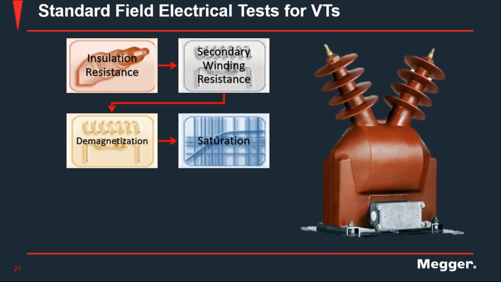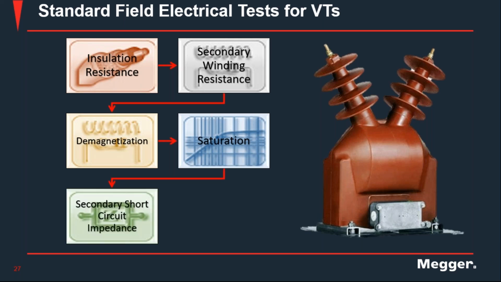In VTs, the typical tests that you will run are the ratio and the winding resistance, but saturation and secondary short circuit impedance are not that common. But these two tests are required for the full assessment of the condition of the system.